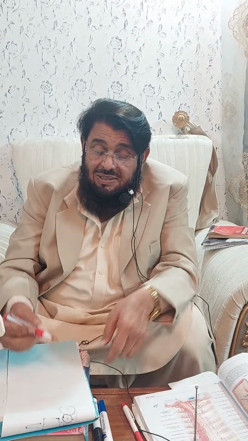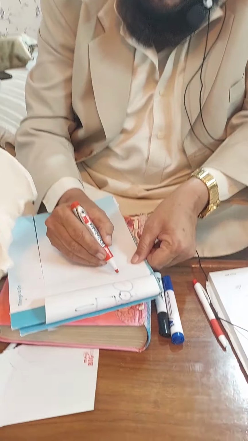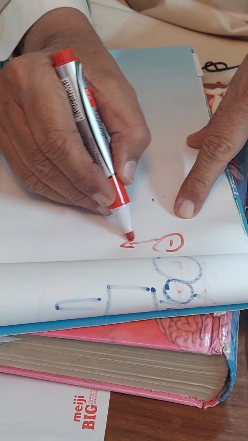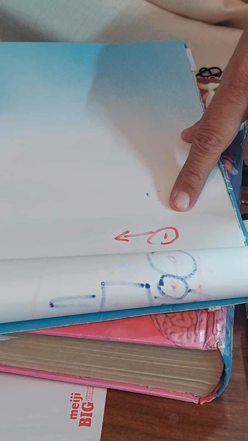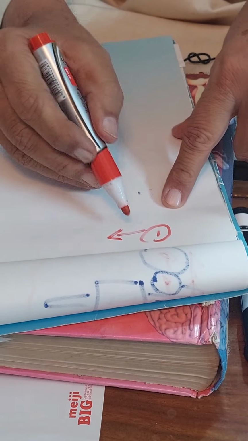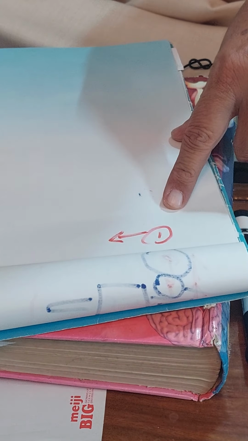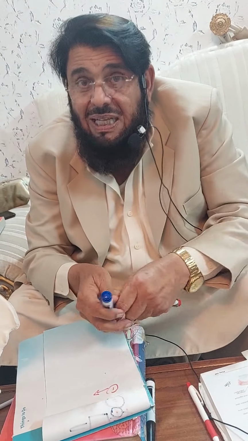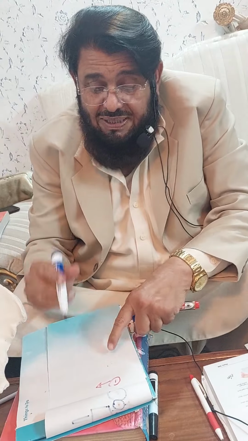Now note this part. The sympathetic chain gives what type of branches? Number 1, each sympathetic ganglion gives branches to its own spinal nerve or to many spinal nerves. These postganglionic sympathetic fibers run in the spinal nerve, and note that each spinal nerve must consist of sympathetic fibers.